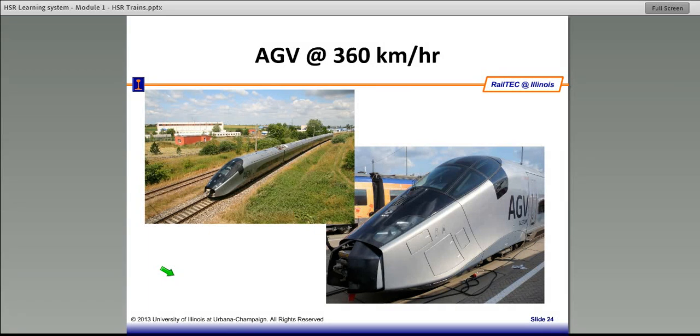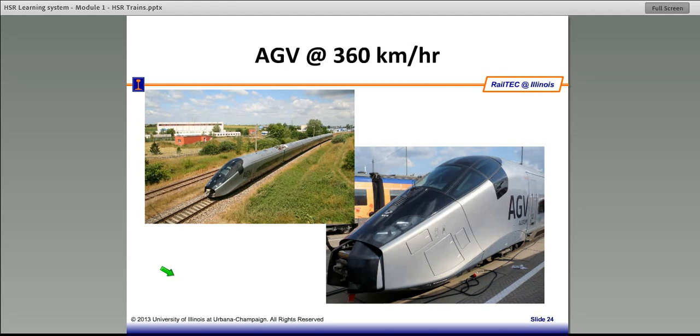Then this again comes back to my story of the year 2000. Before the year 2000, these two mainstream designs had been competing with each other, trying to see who has a better train.